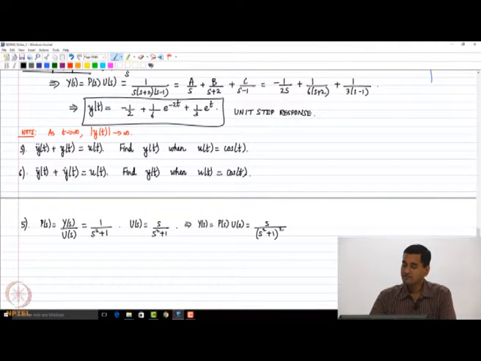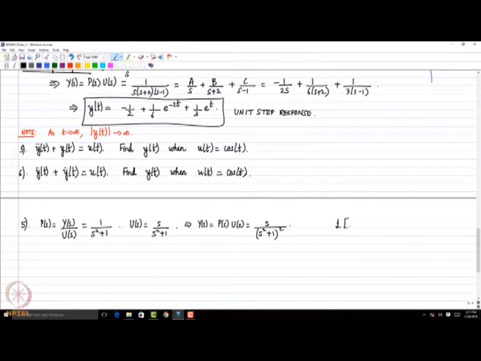Now, how do we get the inverse Laplace transform? We use a property of the Laplace transform. As he said, you could use the complex differentiation theorem, which is going to make our life very simple. If you recall, what was the complex differentiation theorem? The Laplace of t times f of t was minus dF(s)/ds.